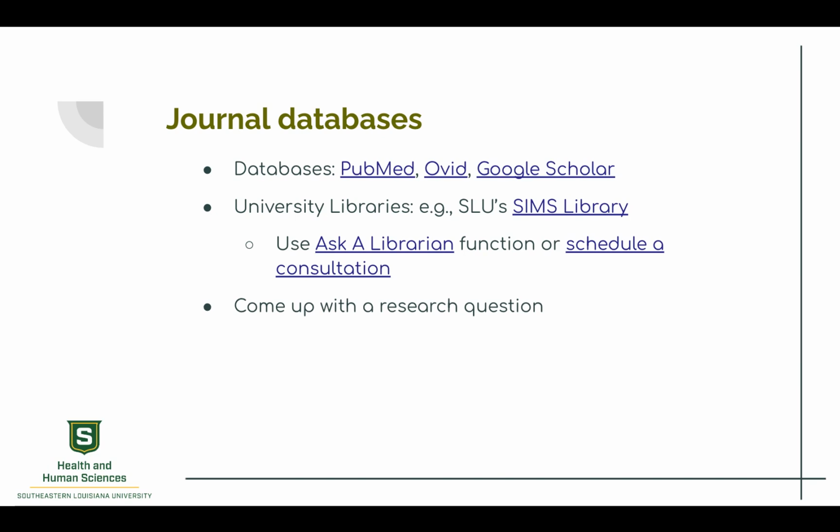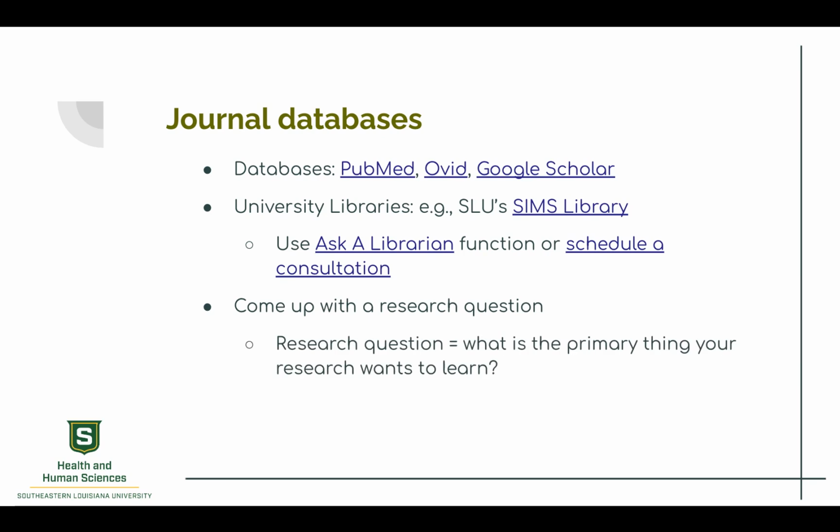So what do you do when it's time to look for academic papers in journal articles? You want to begin by coming up with a research question. What a research question does, in a nutshell, is help you focus and drill down to the primary thing your research wants to learn.